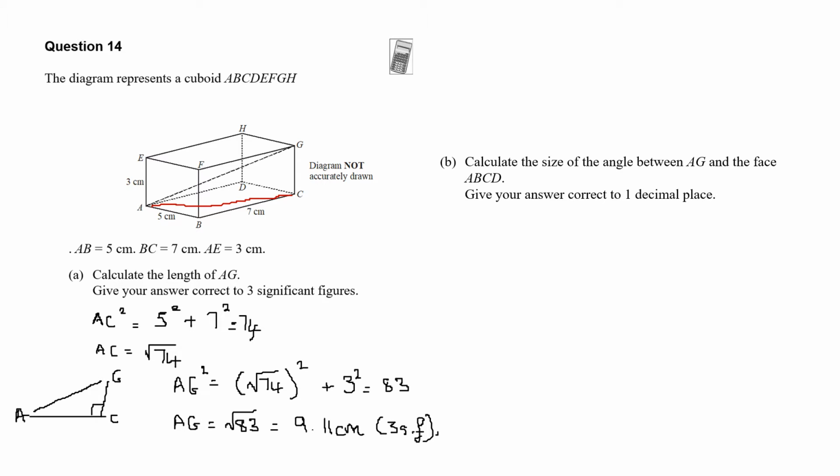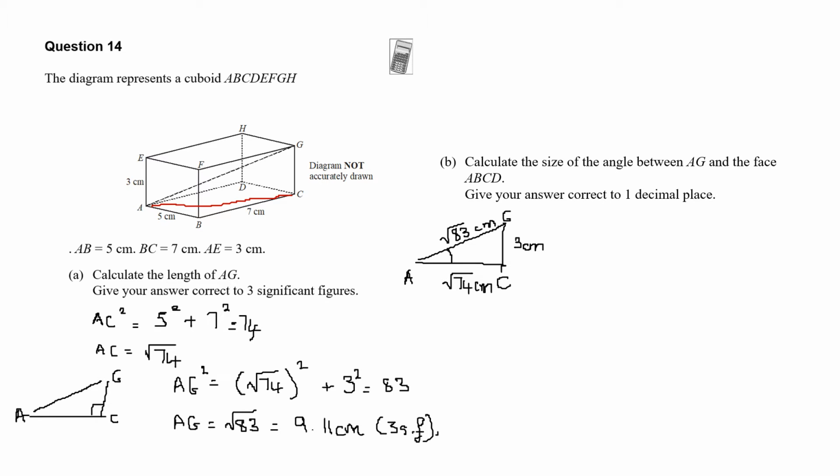Now part B, calculate the size of the angle between AG and the face ABCD. When I have something like this, I like to do again a little sketch of my triangle. So I've got A, C and G, and I've got 3 centimetres there, and I'm going to put in the exact values. So I've got root 83 centimetres for my hypotenuse and root 74 centimetres for AC.